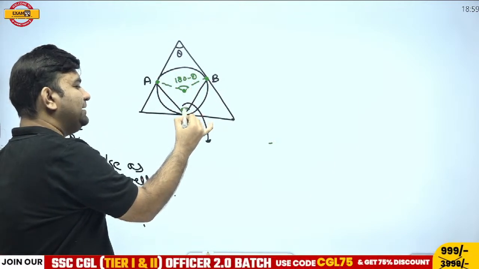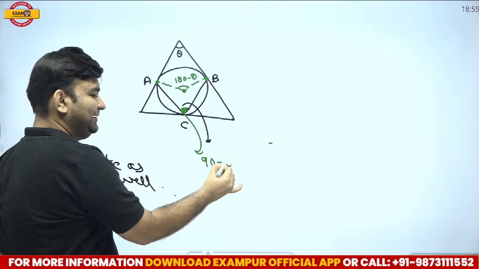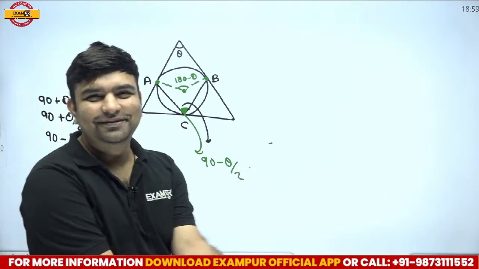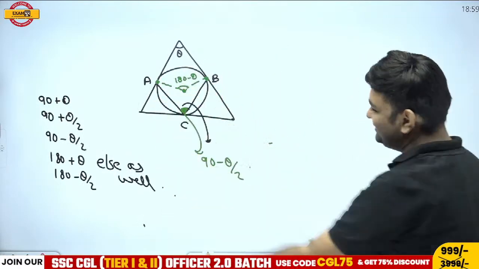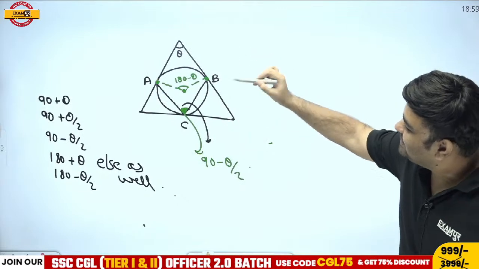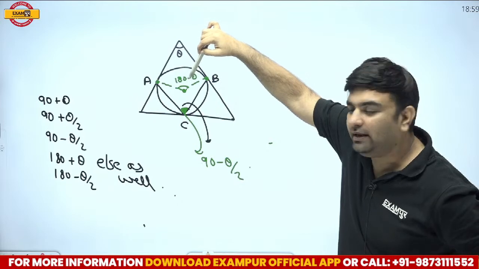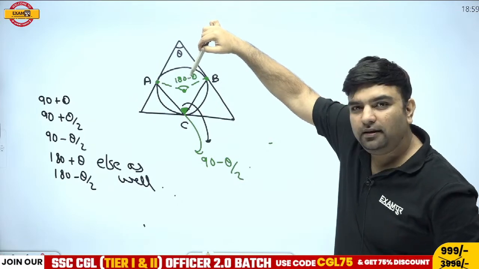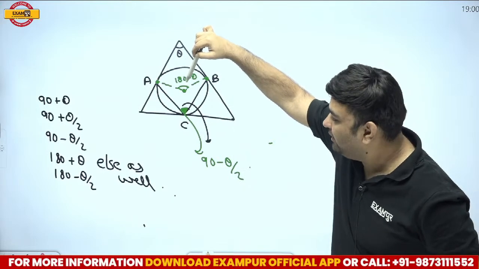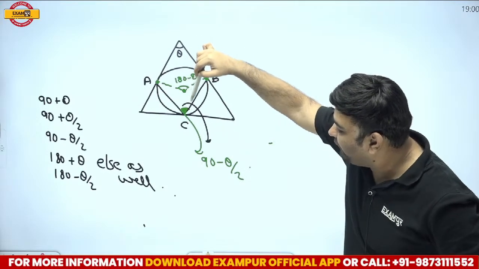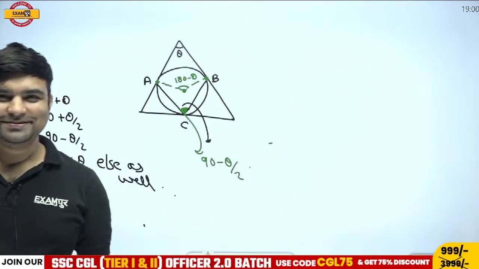Should it not subtend its half at the circumference? Just reverse it. If this arc AB has subtended 180 minus theta at the center, it should subtend its half, 90 minus theta by 2, at the circumference.